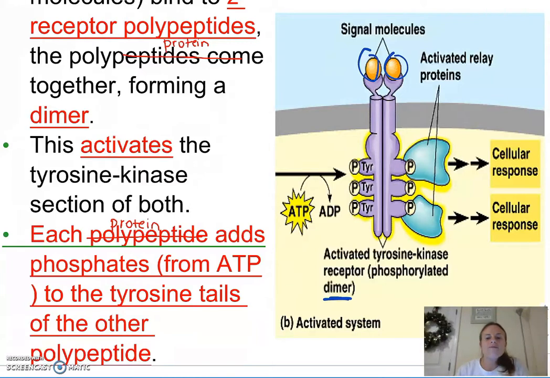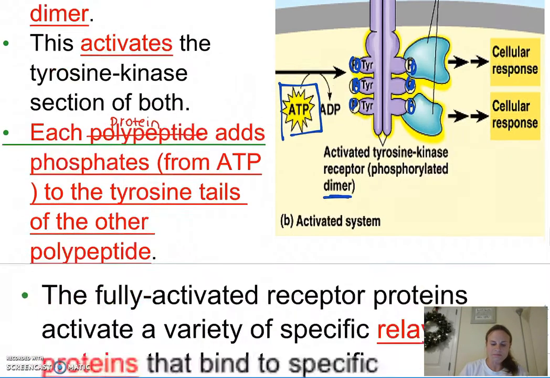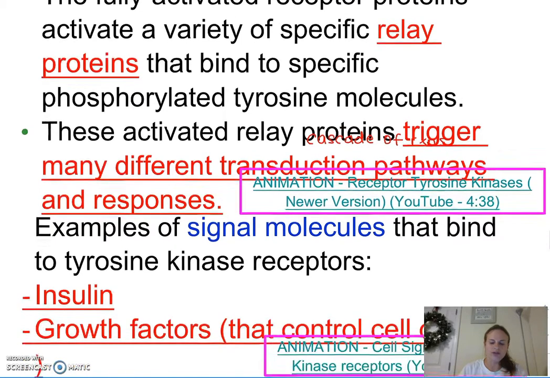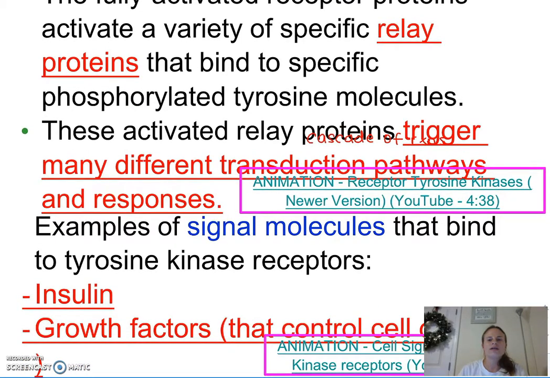However, to get a fully activated tyrosine kinase receptor, I need to phosphorylate my dimer, meaning I need to take a phosphate from ATP and add it to each one of these tyrosines. Now, my fully activated receptor activates those relay proteins, which then triggers many different transduction pathways and responses.